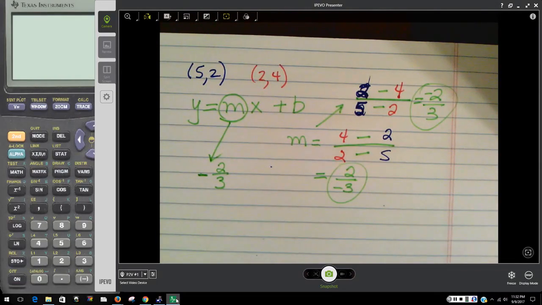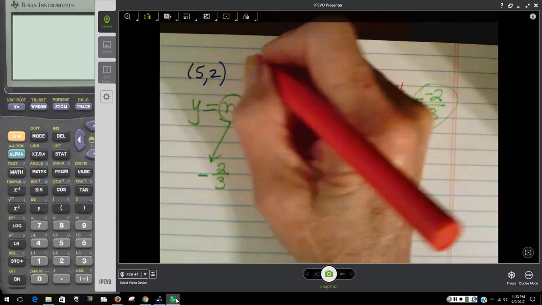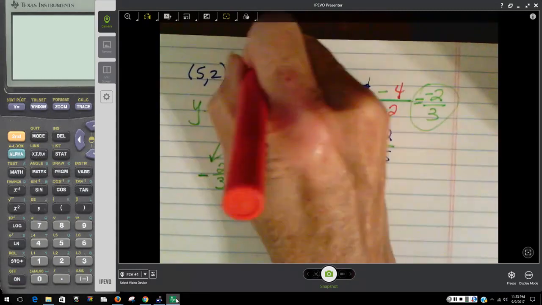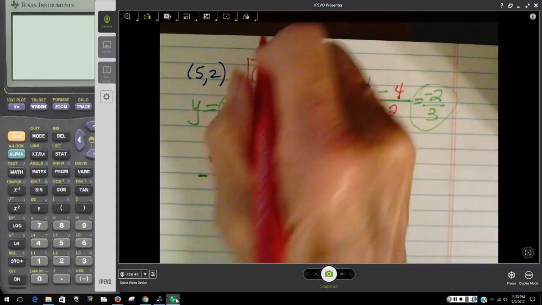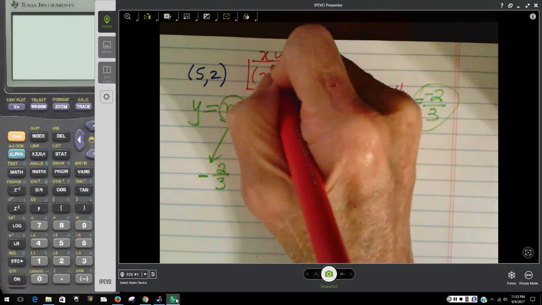So we're going to return to y equals mx plus b, except we have a point x, y. In fact, we have 2 of them. And I'm just arbitrarily going to choose one of them. So this is going to be my x, y.